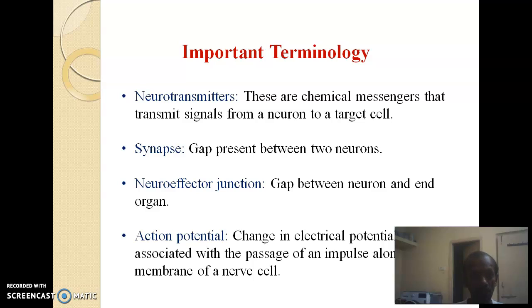The neuroeffector junction is another gap, which is located in between the neuron and end organ. The next one is action potential, which is very important as far as this concept is concerned. This is nothing but change in membrane potential or electrical potential, which helps in the transfer of impulse across the membrane of a nerve cell. So this is called action potential. These are some important terms which we frequently encounter during this discussion.